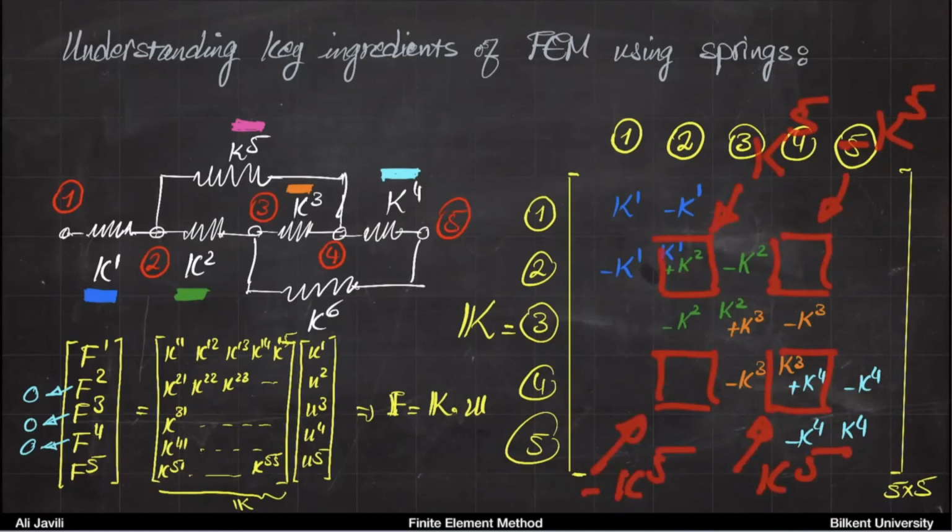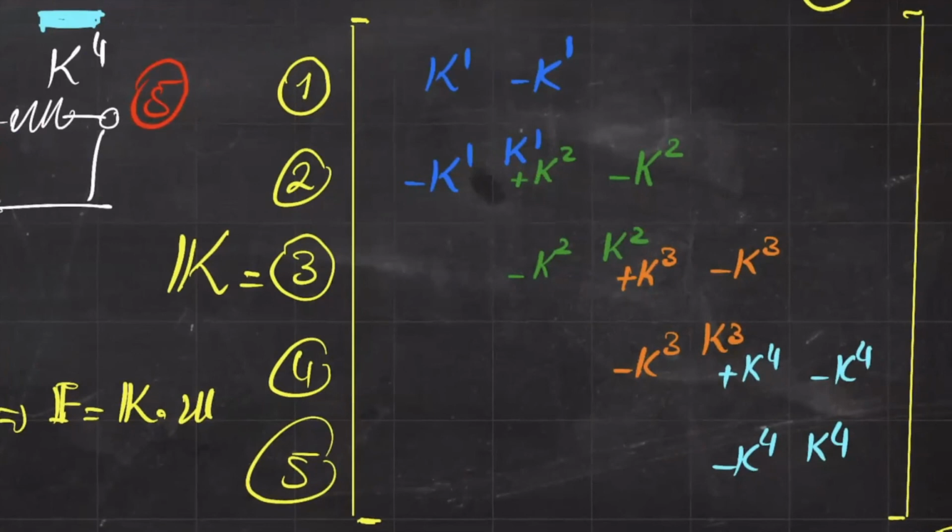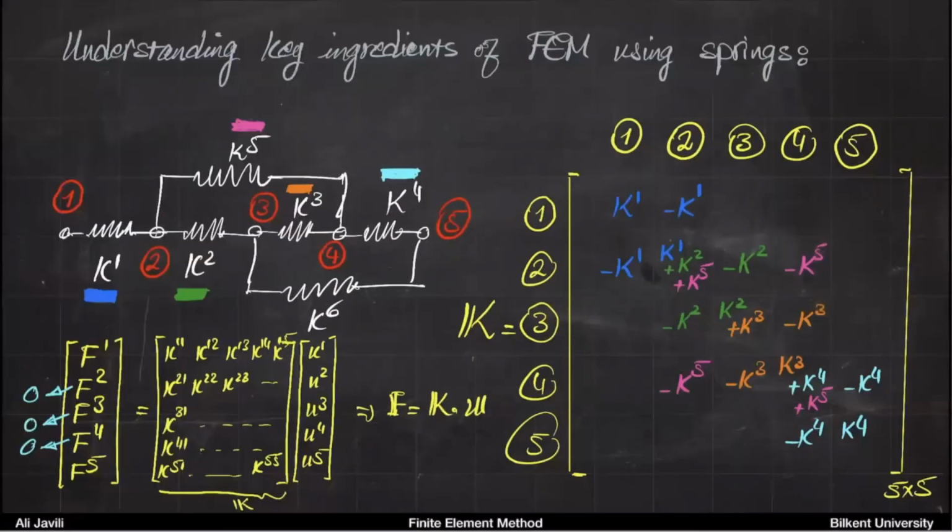So we need to add these into these boxes. So that's what I'm going to do now. So you get a plus K5 here, minus K5 there, minus K5 here, if I'm not mistaken, and then a plus K5 here. All right, we have one last spring left. We don't have many colors left.